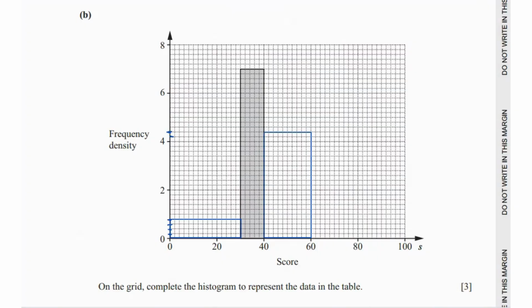Then 7.6. 7 is this, 7.2, 7.4, 7.6. That is from 60 to 70. 70 is going to be 1, 2, 3, 4, 5.